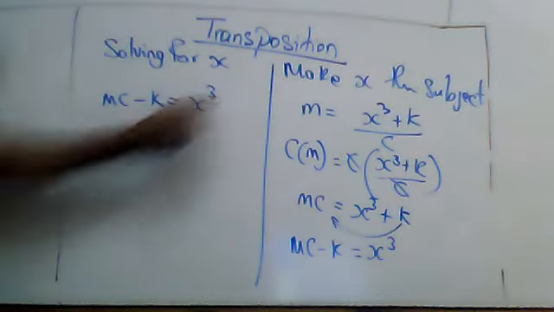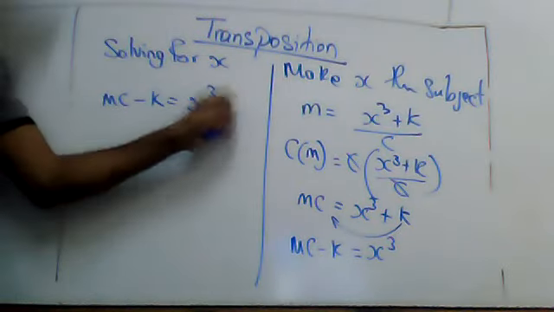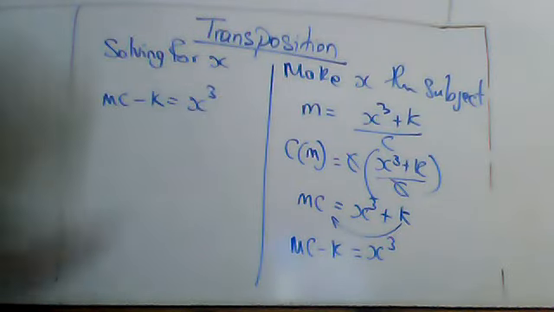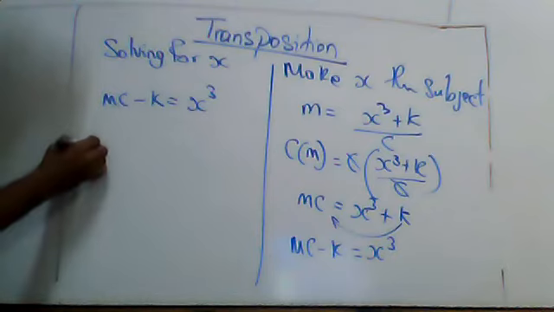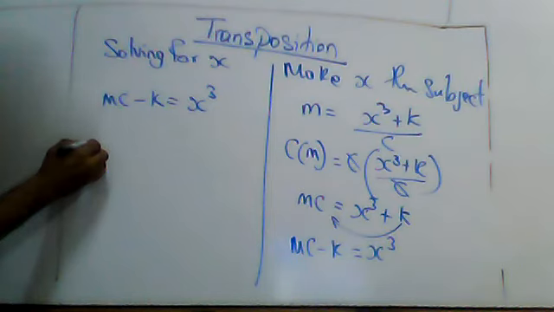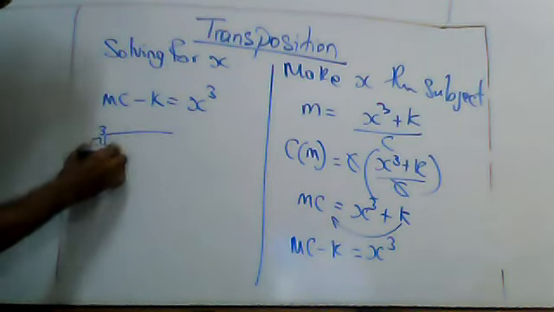So remember, we need to solve for x, or we need to remove the cube. So the opposite of cube is cube root. So we're going to apply the cube root on both sides.